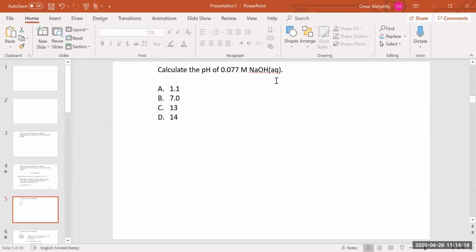Okay. Calculate the pH of 0.077 molar NaOH. So here we have NaOH.